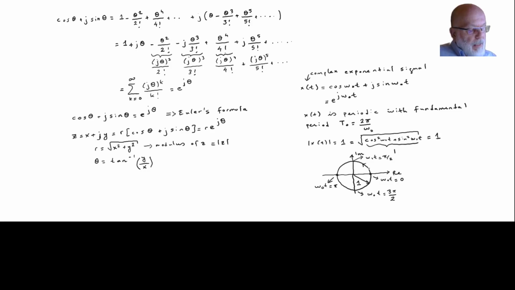But for different values of t, as t increases, for example, starting from 0, we are going to traverse the unit circle in the counterclockwise direction. And because of the periodicity of the signal, we will arrive at the same point for the time instant omega 0 t equal to 2 pi.